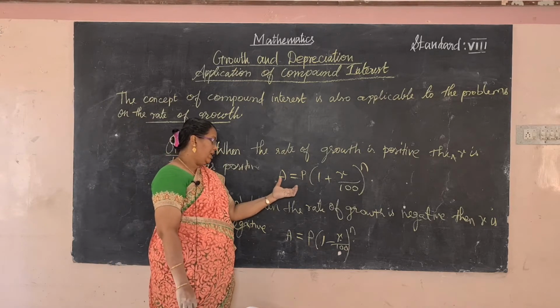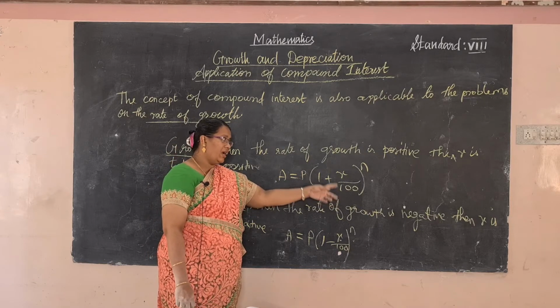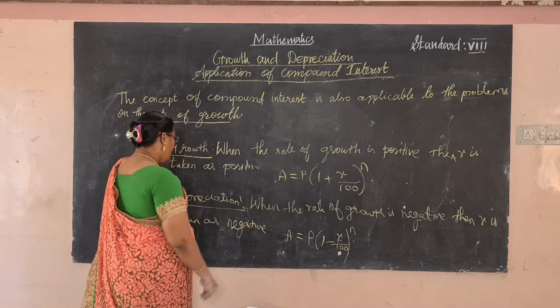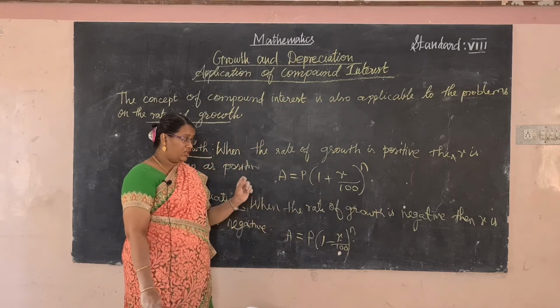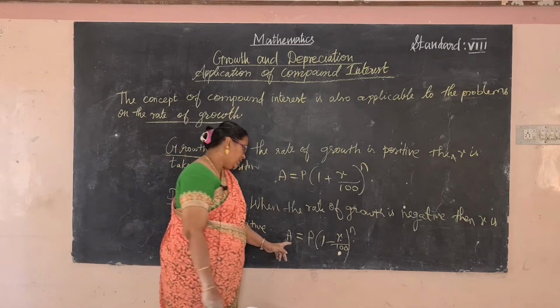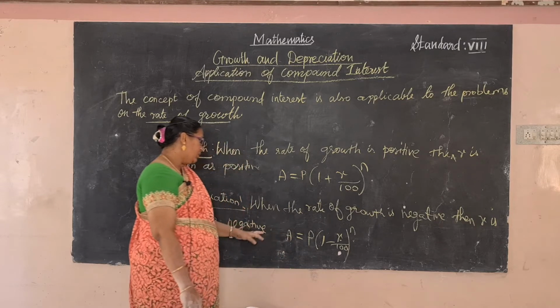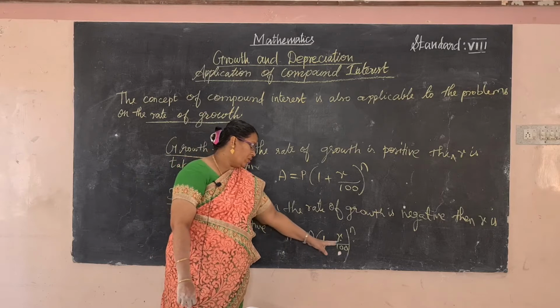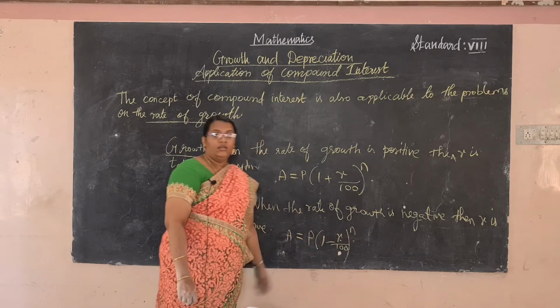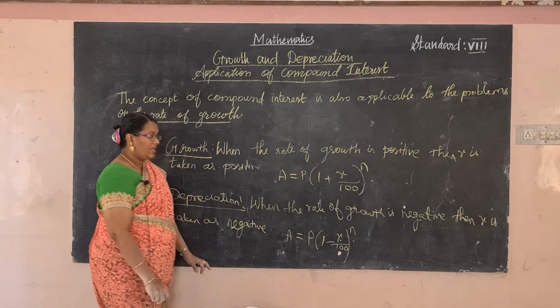So here A is equal to P of 1 plus R by 100 the whole power n, and for depreciation, other books have used D, the first letter of depreciate, but your book has A, so I will write it like that. A is equal to P of 1 minus R by 100 the whole power n.